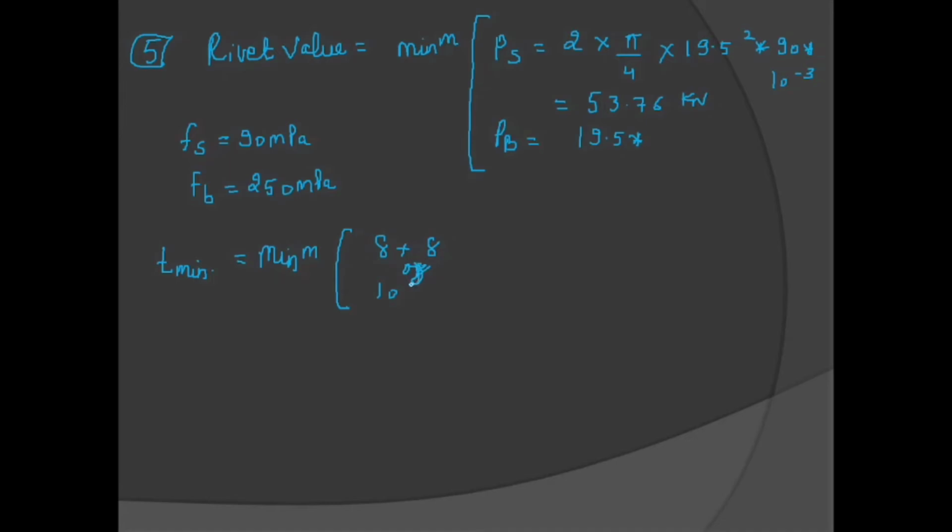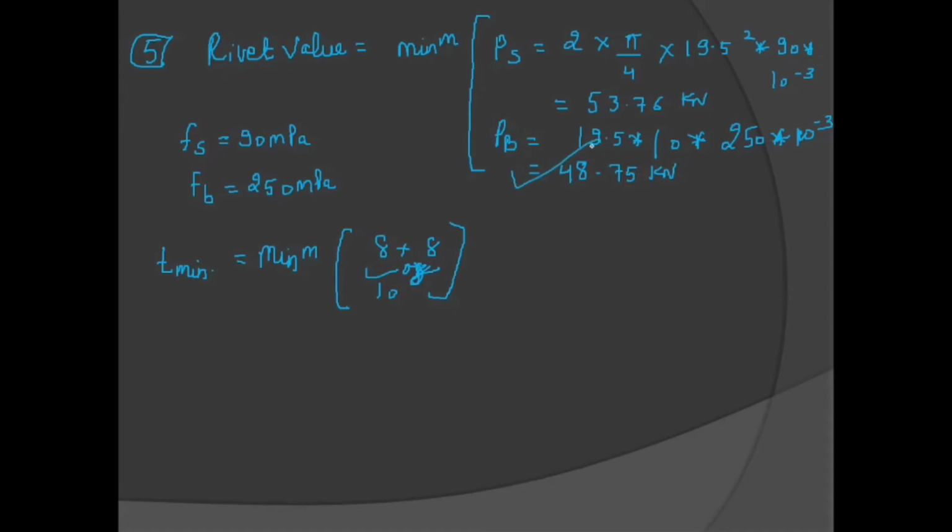So the adopted value is 10 mm. So 19.5 into 10 into 250 into 10 to the power minus 3. After calculation I found the value of PB is equal to 48.75 kilonewton. So our minimum value is 48.75 kilonewton.